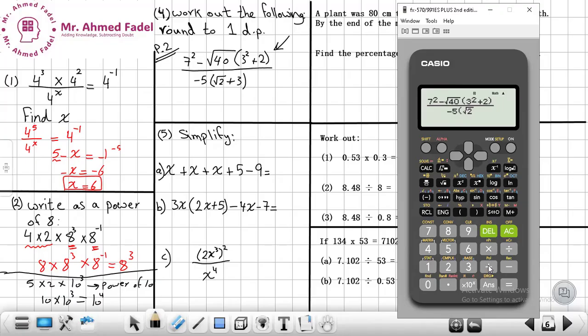If I write plus 3, the plus 3 would go under the root. Exactly, that's a mistake. You need to get out of the root, press the arrow, then plus 3, equals 0.93. They wanted the answer to one decimal place. So 0.9.